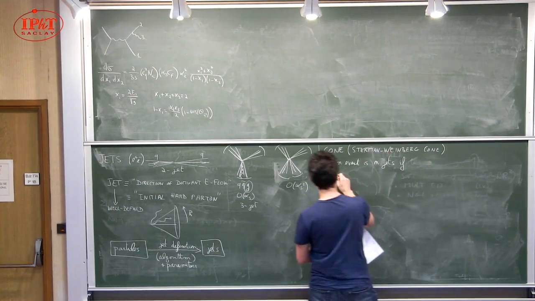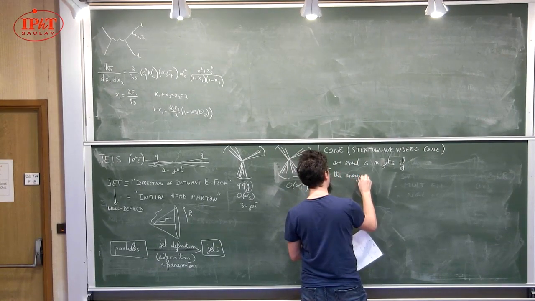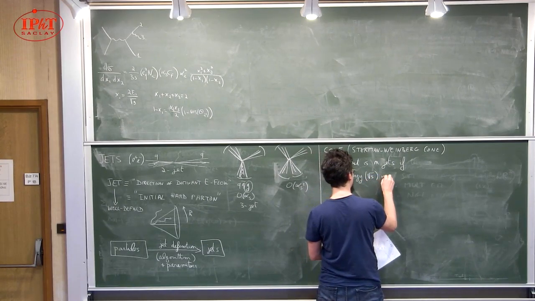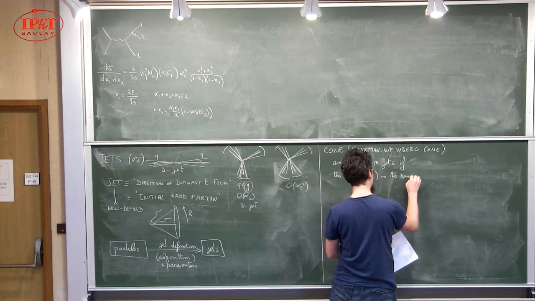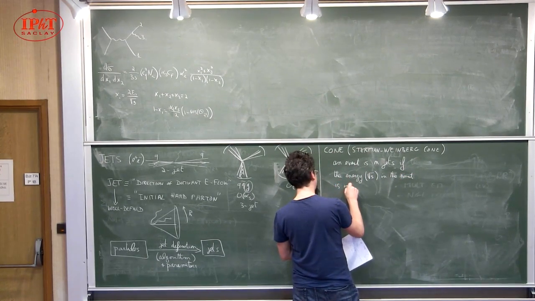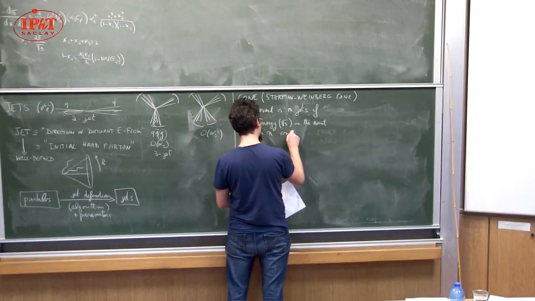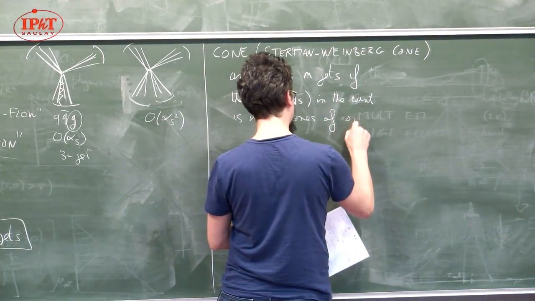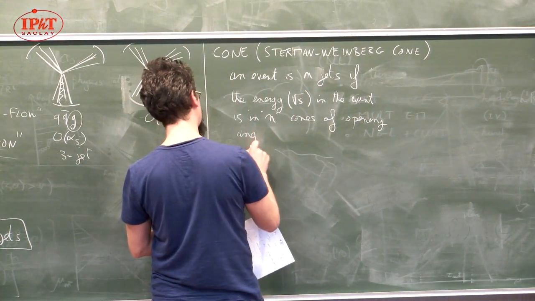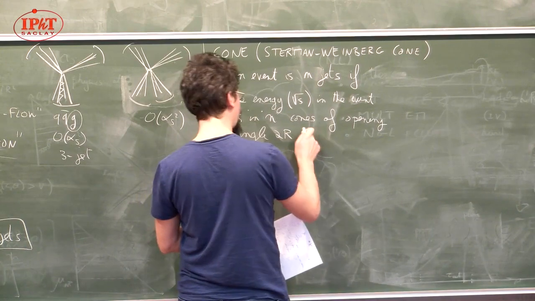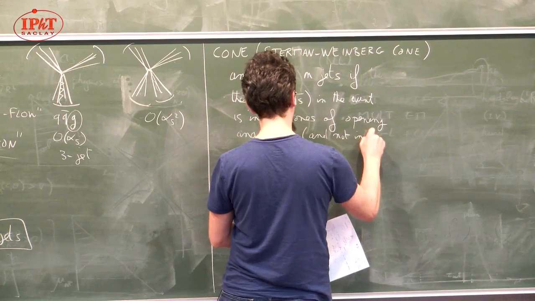If the energy, so the energy is square root of S in the event, is in n cones of opening angle 2R, and not in n minus 1.